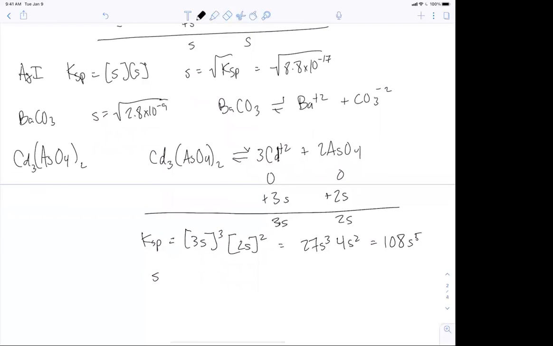So S ends up equaling the 5th root of KSP divided by 108.